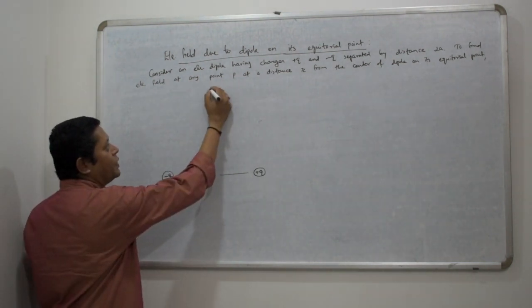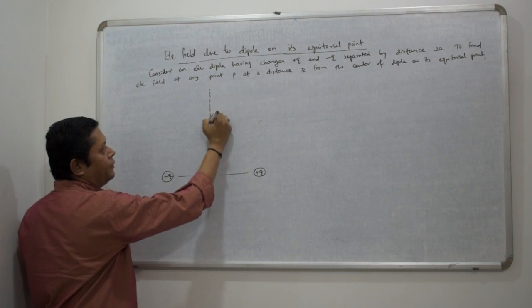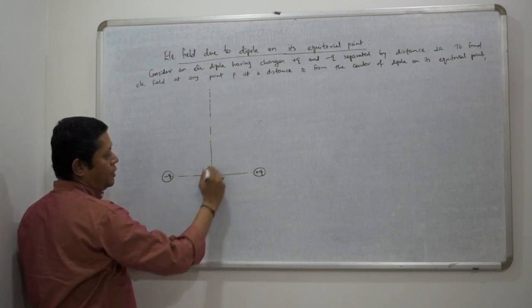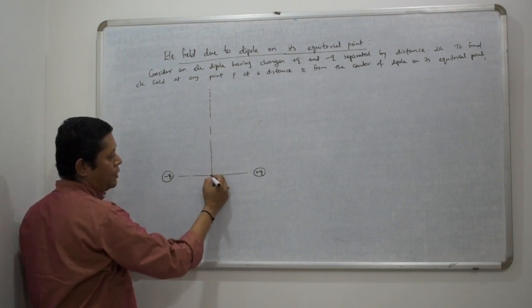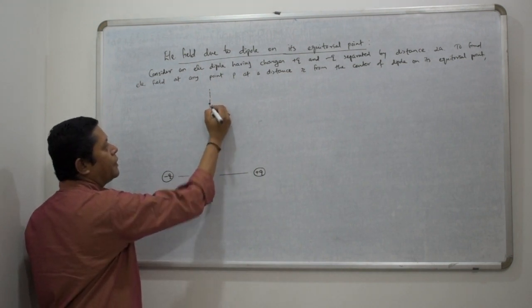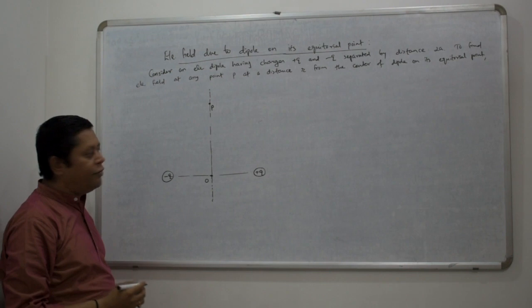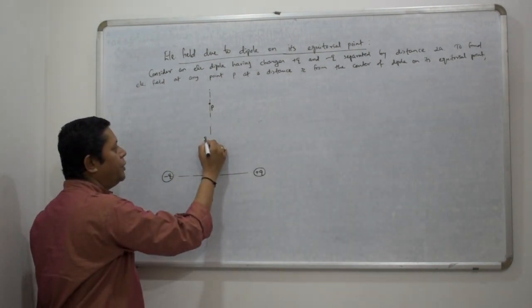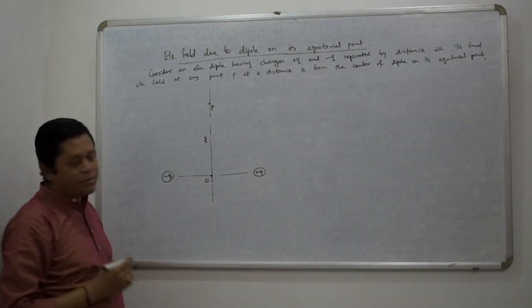Let me say on this equatorial line, at any point P, if you want to find electric field, and the distance of point P from the center of dipole is r.